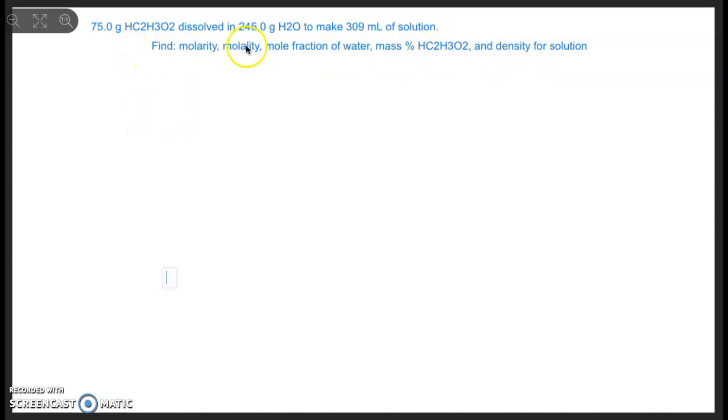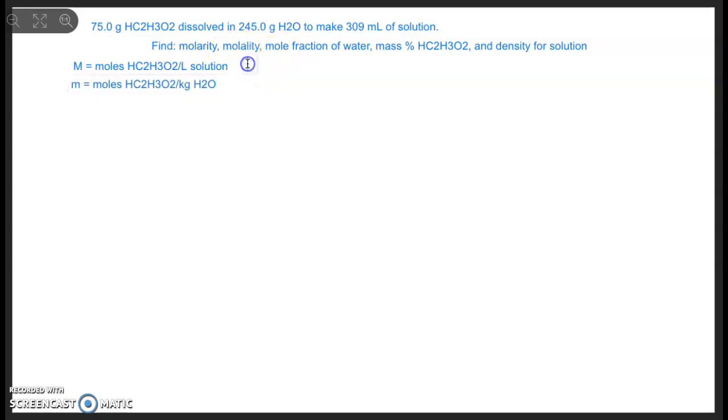Now, in multi-factor problems like this, where I've got many things to find with very limited data, sometimes it just helps to write out what I need to do. I know that molarity is equal to moles of acetic acid over liters of solution. Molality is moles of acetic acid divided by kilograms of water.